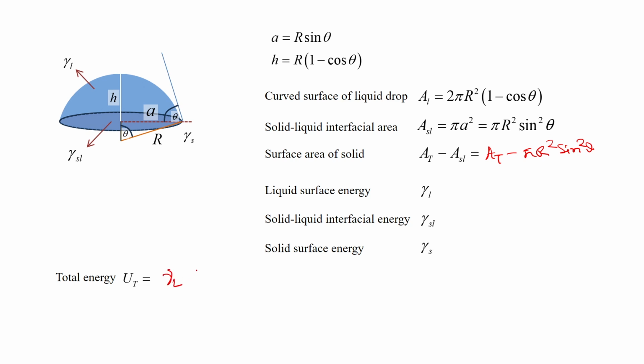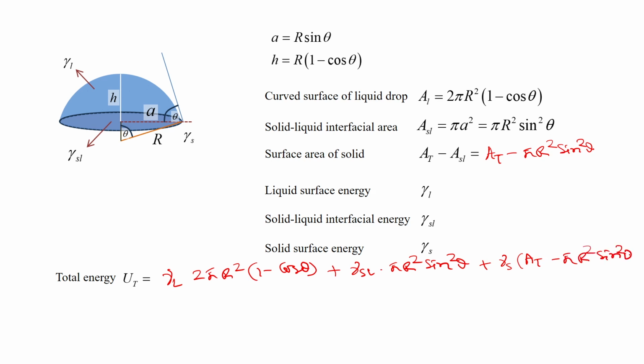So, it is gamma L into 2 pi r square into 1 minus cos theta, okay, plus gamma SL into ASL. So, gamma SL into pi r square sin square theta, and plus this is gamma S into AS. So, gamma S into AS is AT minus ASL. So, it will be AT minus pi r square sin square theta.